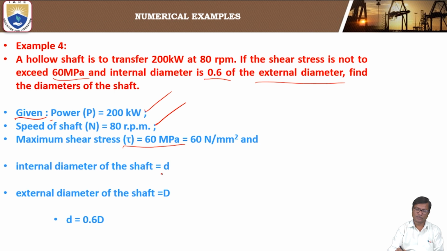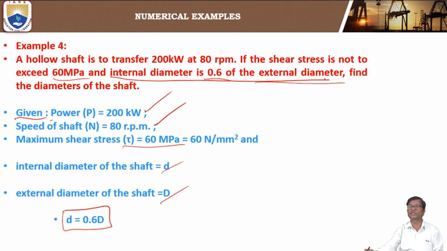Now we'll assume the internal diameter as small d and external diameter as capital D. And what is given? The internal diameter is 0.6 times that of external diameter, so small d is 0.6 times capital D. You have to find the diameters of the shaft.